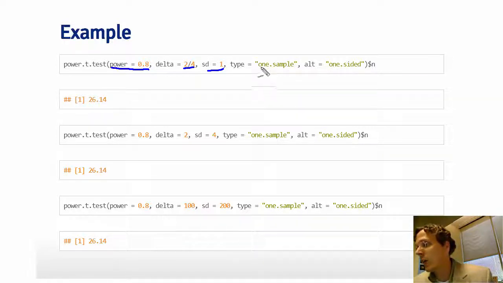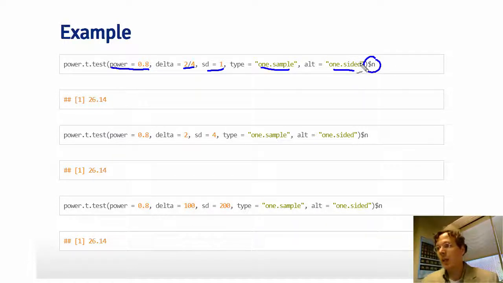Then over here, again, I'm doing one sample and one-sided. I'm grabbing n. And it gives me a sample size of 26, and then in these kinds of calculations, you always want to err on the side of conservatism, so you bump it up to 27. Whenever you get a fractional value, you always want to bump it up to the nearest integer.